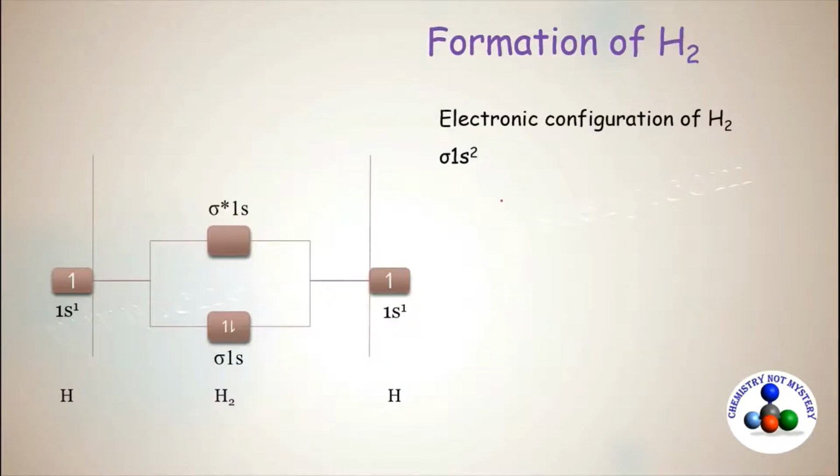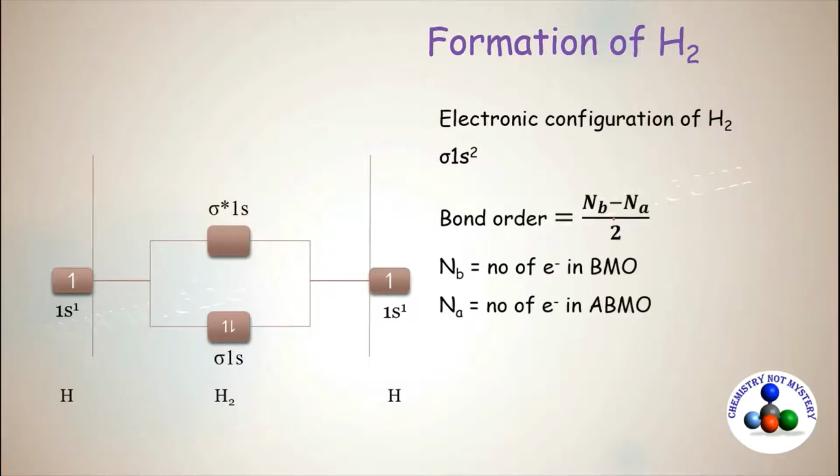Let's try to calculate the bond order for the H2 molecule. We have the formula Nb minus Na over 2, where Nb is the number of electrons present in bonding molecular orbitals and Na is the number of electrons present in anti-bonding molecular orbitals. So this is the bonding molecular orbital and this is the anti-bonding molecular orbital.